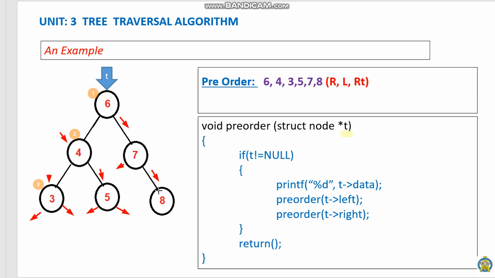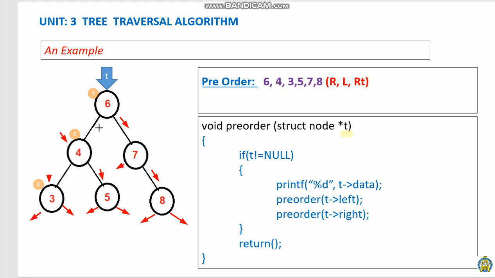So here when it comes, this is again a T now. T not equal to null. This is not null. So it prints the value 8. Then it tries to go to its left, tries to go to its right. Left is null, right also is null. So it comes back. So with that, the program returns.